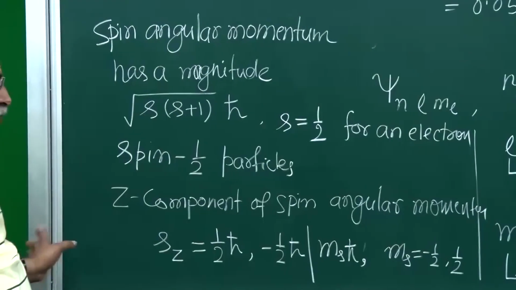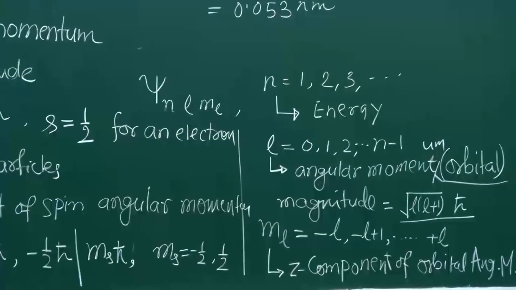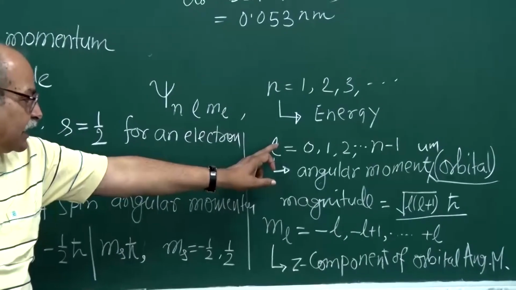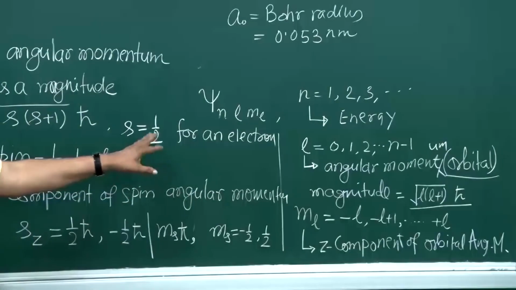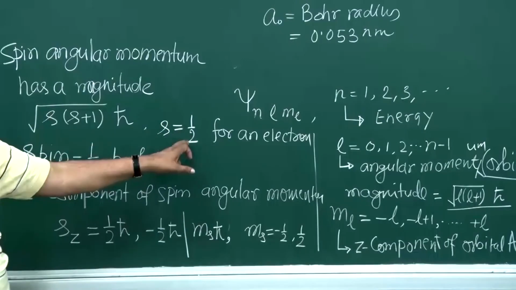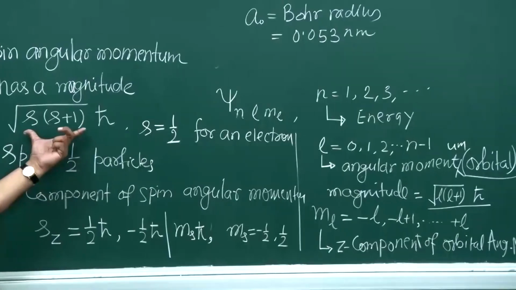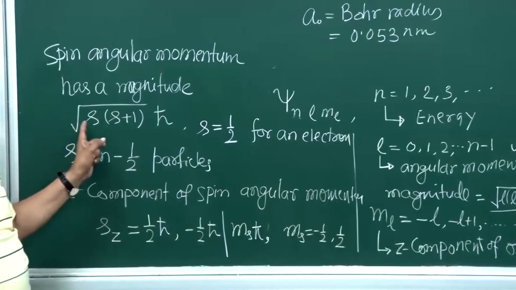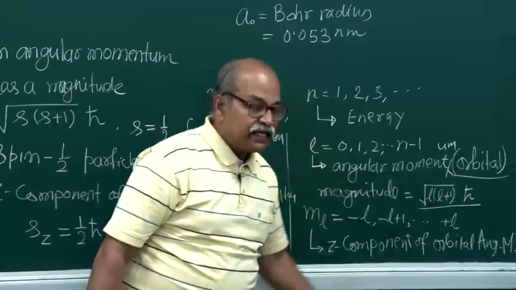Okay, so it's almost similar structure: orbital angular momentum, spin angular momentum. For orbital angular momentum, the magnitude is given by this number L, which can take different integral values, but for spin angular momentum, this is given by S, and S has a fixed value 1 by 2. And then the magnitude has the same mathematical formulation, square root of S into S plus 1 times h cross, here square root of L into L plus 1 times h cross.